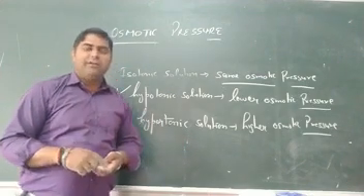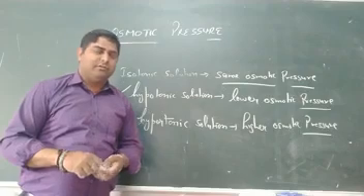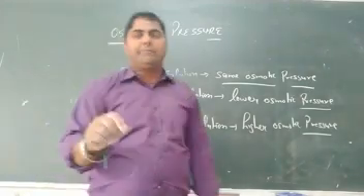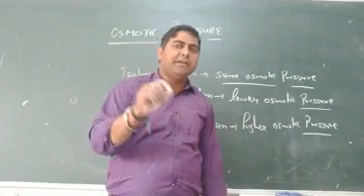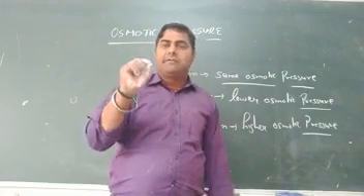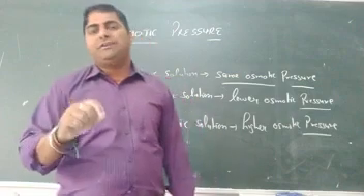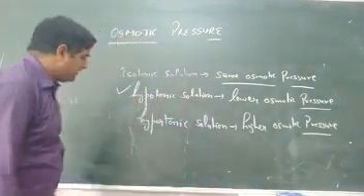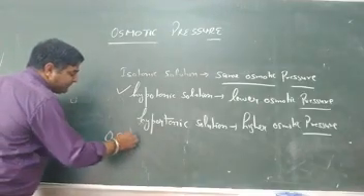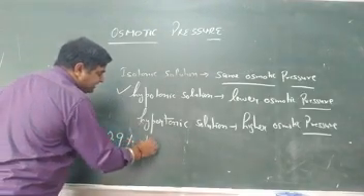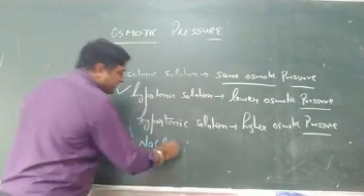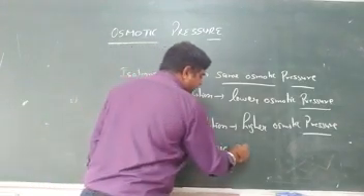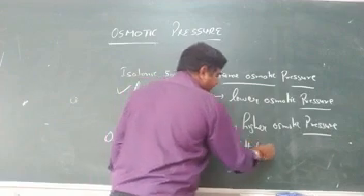Now there is one very important question, or we can say it's a fact. A question comes in the board exam: what happens to a blood cell when it is placed in NaCl solution having 0.9% concentration? Now keep in mind, 0.9% NaCl solution is isotonic with blood cell.